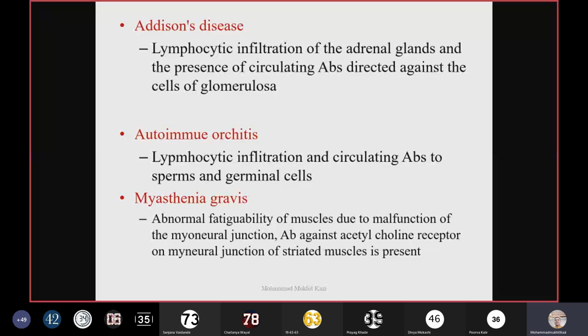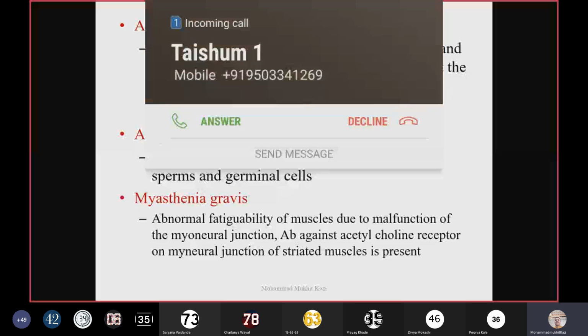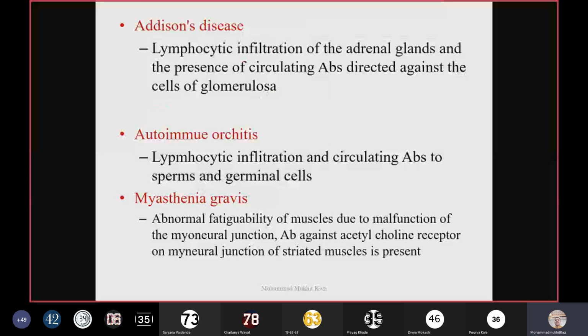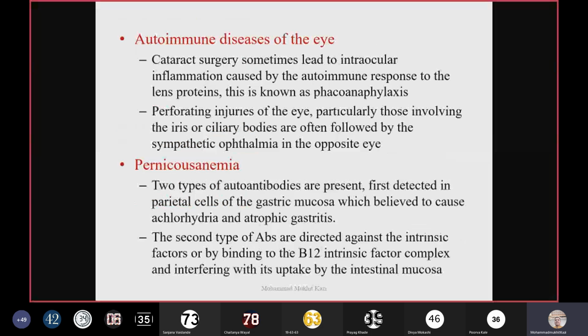Why? Because antibodies are produced against the acetylcholine receptor on the myoneural junction of striated muscles, and that is why patients suffer from myasthenia gravis. So that celebrity is Amitabh Bachchan, who is suffering from myasthenia gravis.